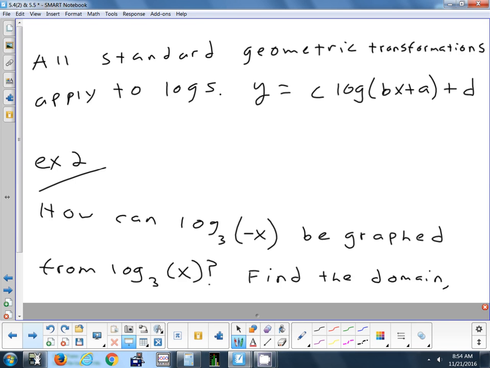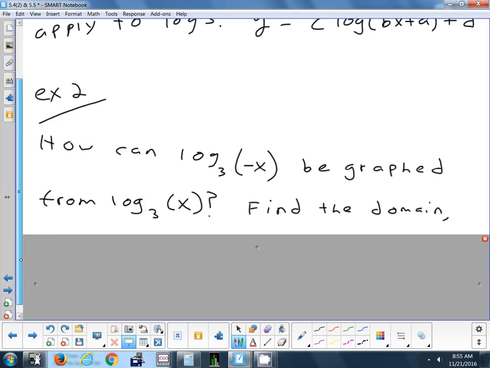That's your horizontal stretch, and A and B do the opposite of what you would expect. Okay, we've talked about that. What about C? That's your vertical stretch, and what about D? That's your vertical shift. C and D do exactly what you would expect. Okay, so I'm not going to write it all out because it's the same, and we've done it so many times for tons of other functions.